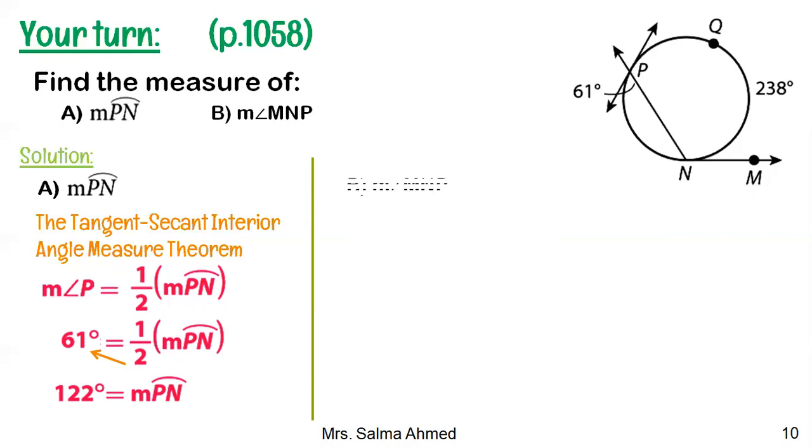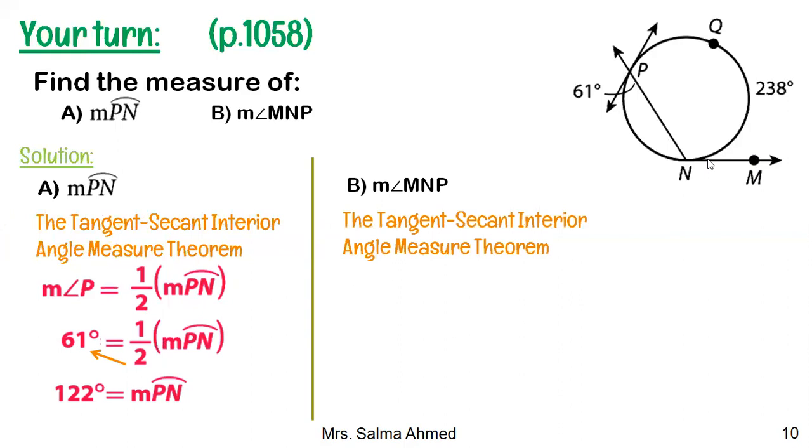Now I need to find the measure of angle MNP, this obtuse angle. This is a tangent and this is a secant, so I can find the interior angle between these two lines by using the same theorem, the tangent secant interior angle measure theorem.